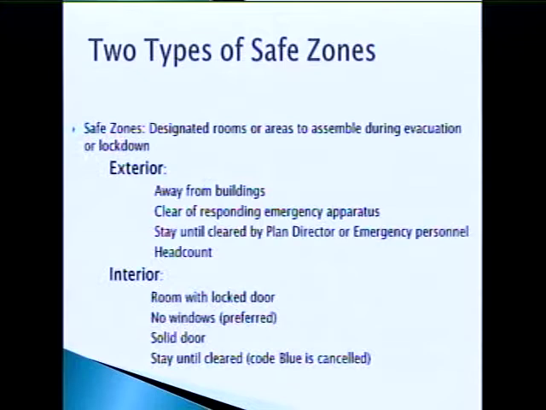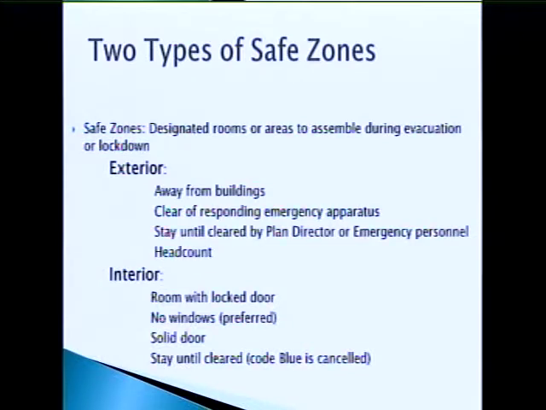So two types of safe zones, exterior and interior, and depending on the type of emergency, that determines if you use an exterior or interior. One of the interior safe zones for this building is actually that closet, if you will, right back there. And right on the inside, there's a real beefy barrel bolt that Ed put in. Thank you. And there are safe zones in most of the buildings, I believe.